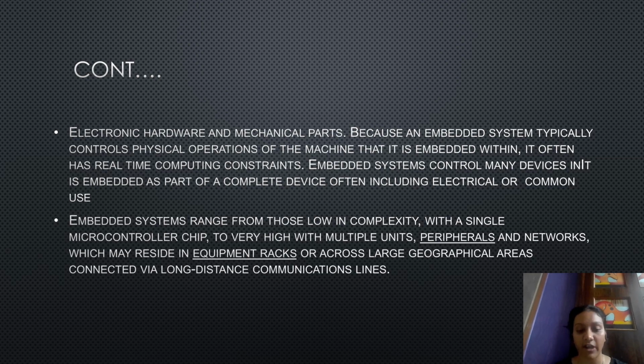Embedded systems range from those low in complexity with a single microcontroller chip to very high with multiple units, peripherals, and networks, which may reside in equipment racks or across large geographical areas connected via long distance communications lines.